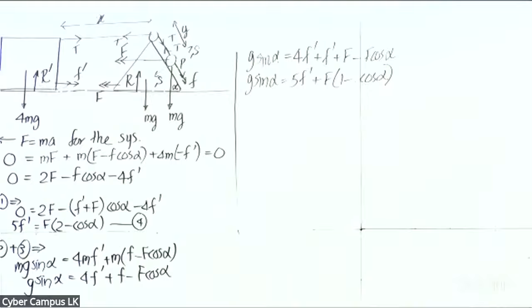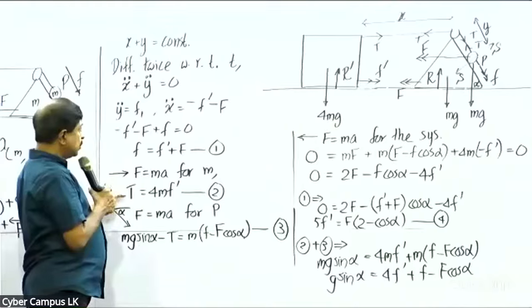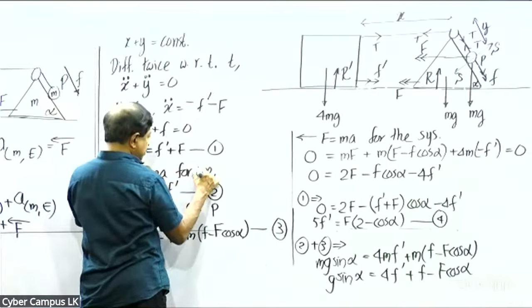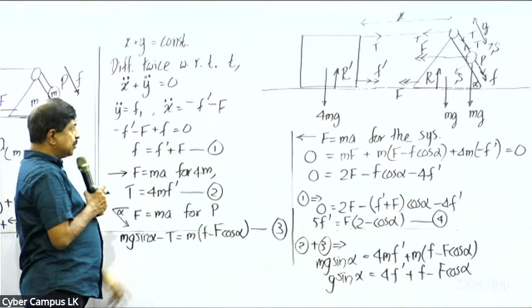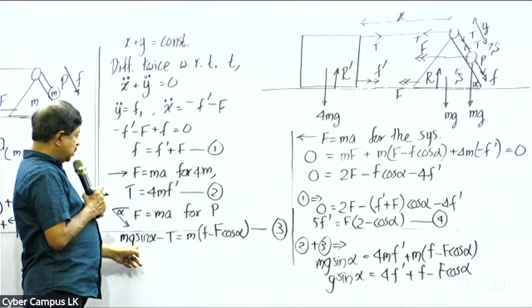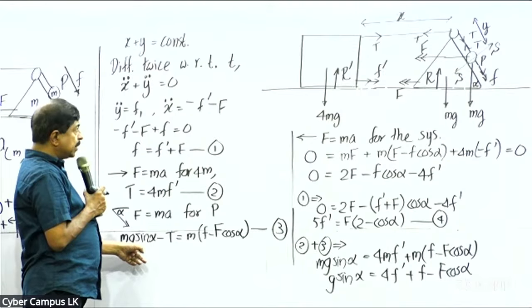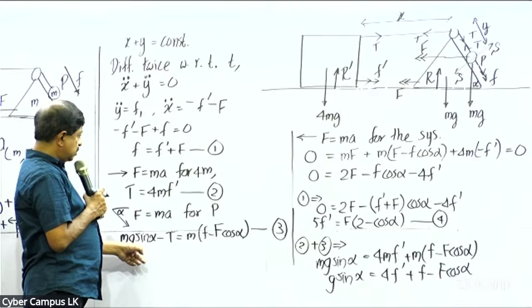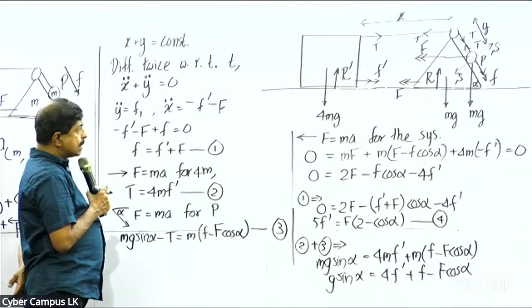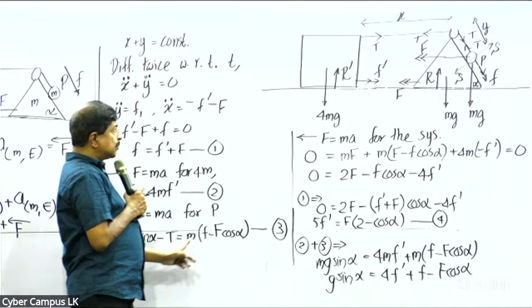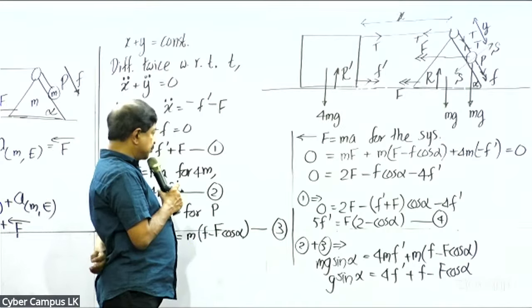This is fine. If you apply this for 4m, T is equal to 4m F dash. That's fine. Here you have mg sine alpha minus T, m times F minus capital F cos alpha. That's also fine.